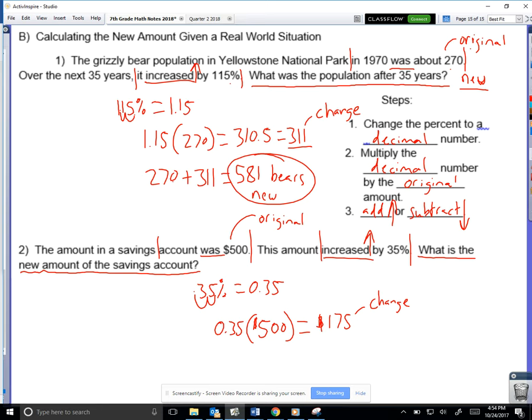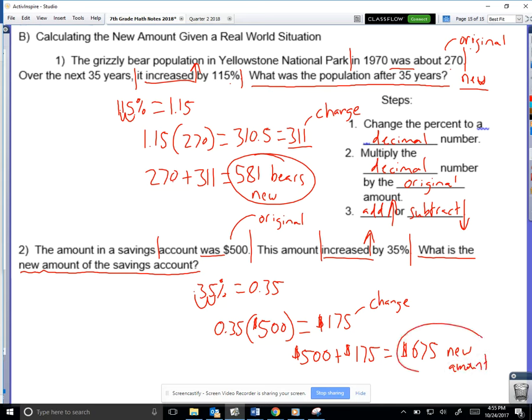And then step number 3, our decision. We need to add or subtract. Since it's an increase, we're going to add. So we're going to take the amount the savings account was, $500, and we're going to add $175. And that's going to get me $675, which is your new amount.